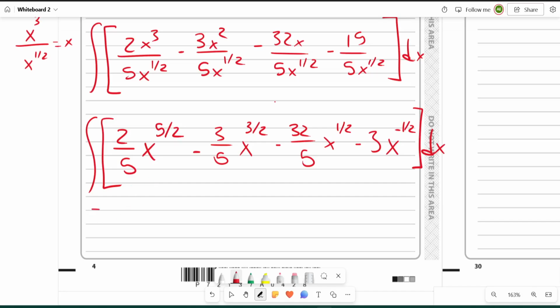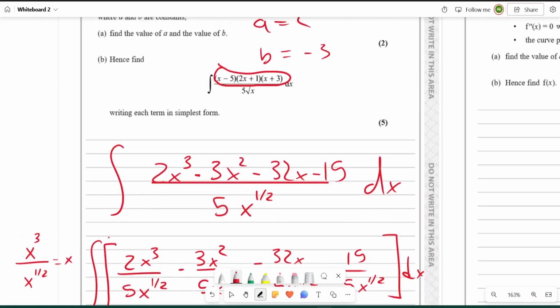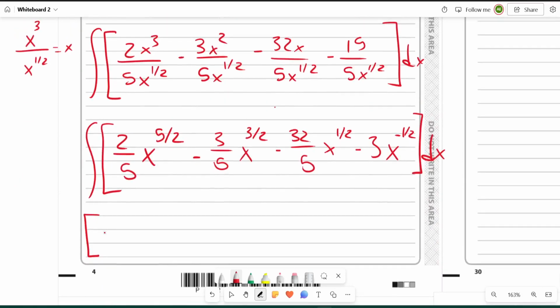So let's do the integration right now. Same rule: add 1 to the power, divide by the new power. So 2 over 5x, we add 1 to the power, 5 over 2 plus 1 is 7 over 2, and divide by the new power. Dividing by 7 over 2 is the same as multiplying by 2 over 7. Minus 3 over 5 x, 3 over 2 plus 1 is 5 over 2, and then divide by the new power. Dividing by 5 over 2 is the same as multiplying by 2 over 5.